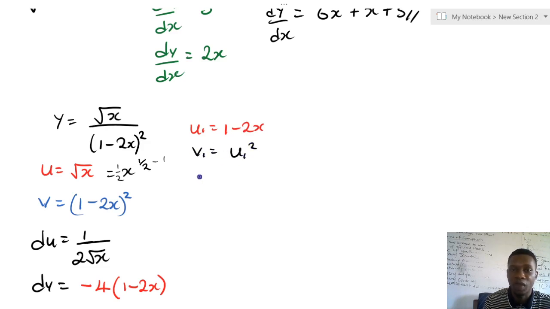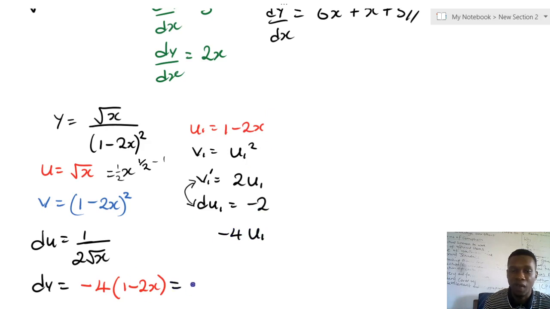Then when I differentiated my v1, I had 2u1, and when I differentiated my u1, I had minus 2. So when I multiplied these two values together, I had minus 4u1. And what is my u1? 1 minus 2x. So that's why we have this.